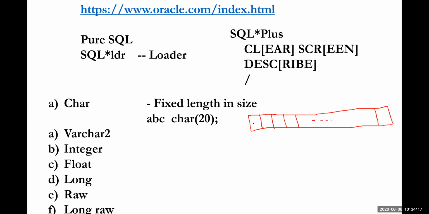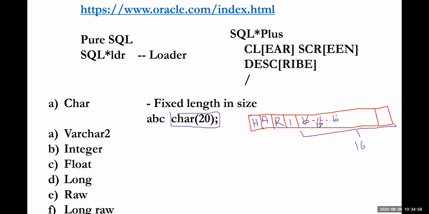Now you may enter only so many characters. For example, for a particular student name, ABC is a student name. I have entered HARI, Hari. So after entering this Hari, the remaining 16 bytes are not going to be used by me for this particular row. Even then, what this CHAR will do is that the remaining bytes will be filled with blank spaces.